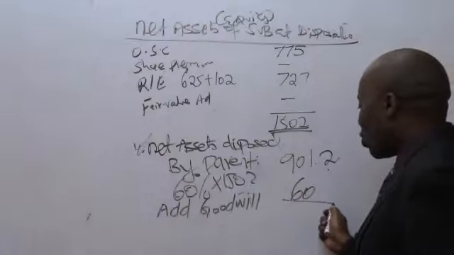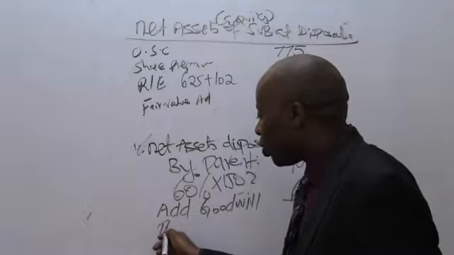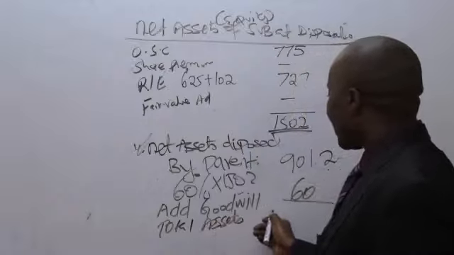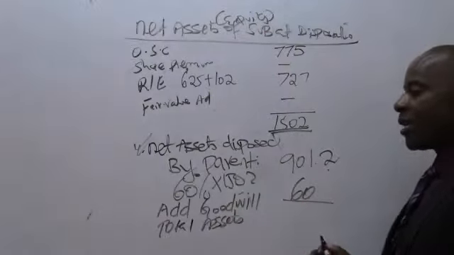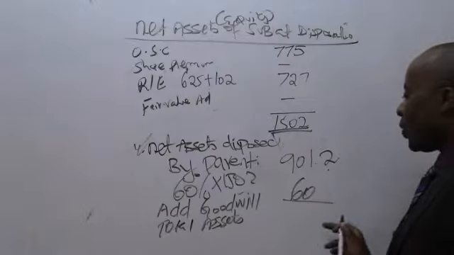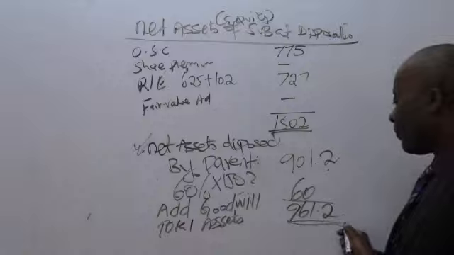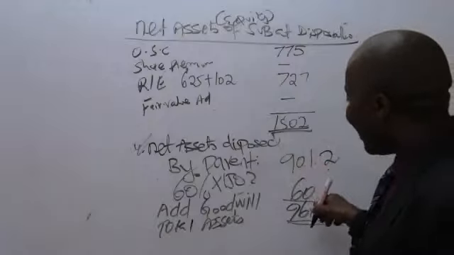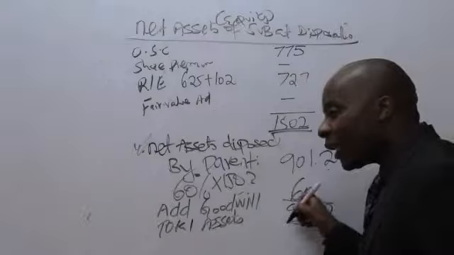So the total assets disposed will be 901.2 plus 60. This will give me 961.2. So this is the amount that the parent company had injected into this particular subsidiary.